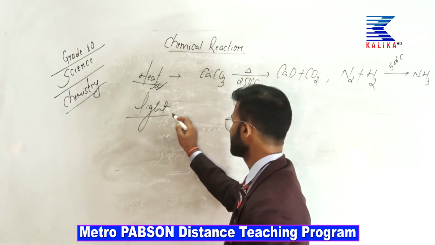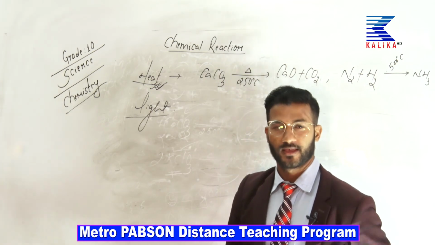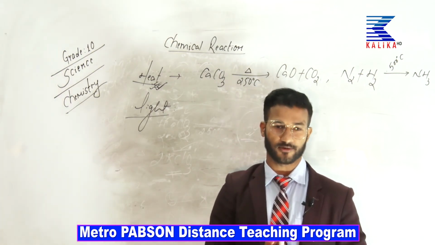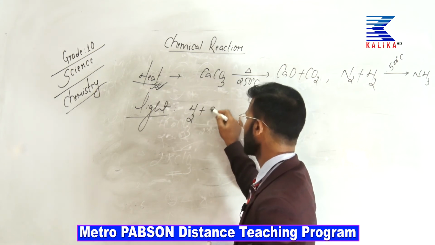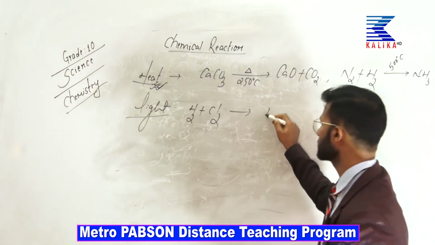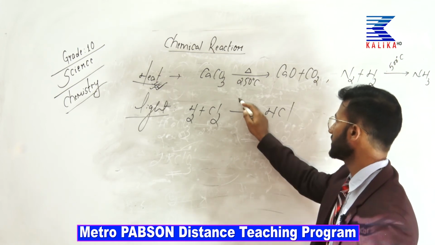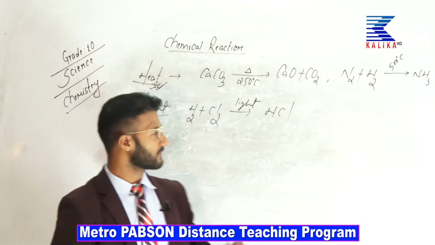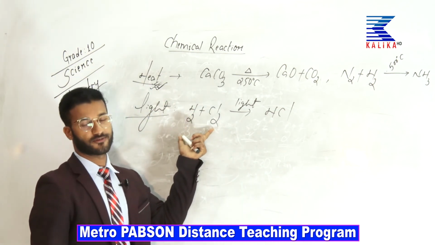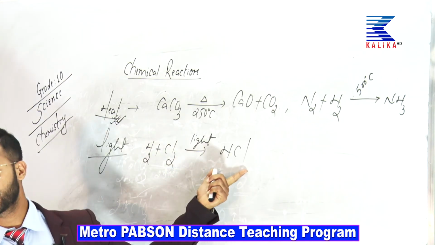Look at the light. Light also initiates some chemical reactions. For example, when hydrogen and chlorine are to be reacted together to form hydrochloric acid, it is a must to supply light. Without the presence of light, they do not react to form hydrochloric acid.